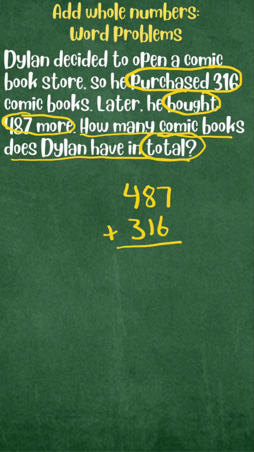Let's add this in the traditional manner. 7 plus 6 is 13, so I write 3 underneath and I carry that 1. 1 plus 8 is 9. 9 plus 1 is 10. That 0 goes underneath and I carry that 1 again. 1 plus 4 is 5, and 5 plus 3 is 8. There's my 8. Okay, so Dylan has 803 comic books in total.